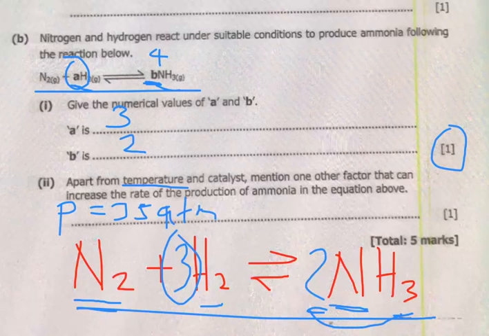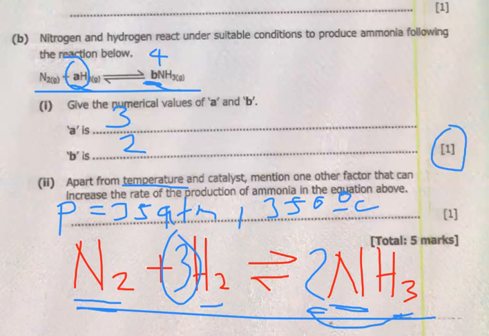Then the temperature was 350 to 450, so just say about 450 degrees centigrade. That's the temperature.